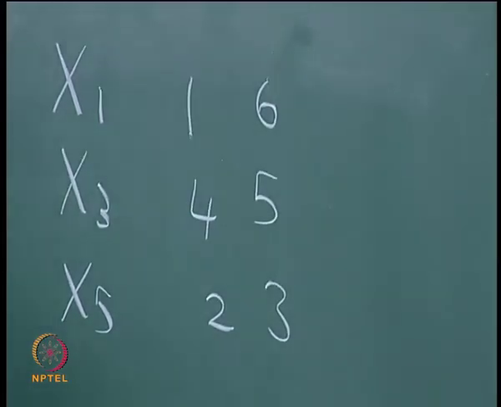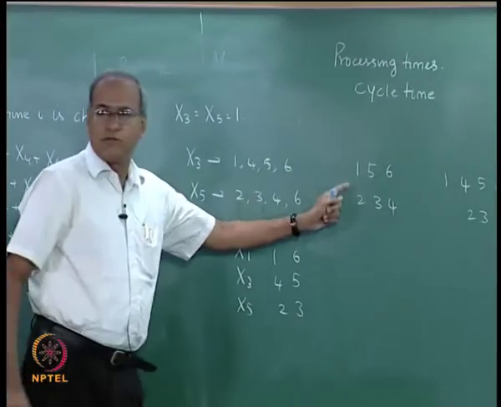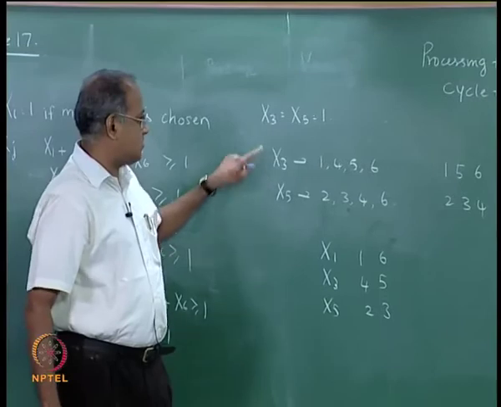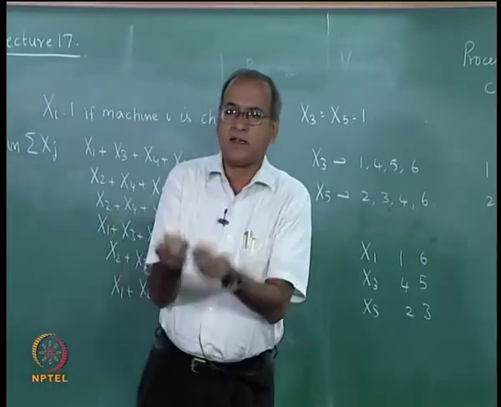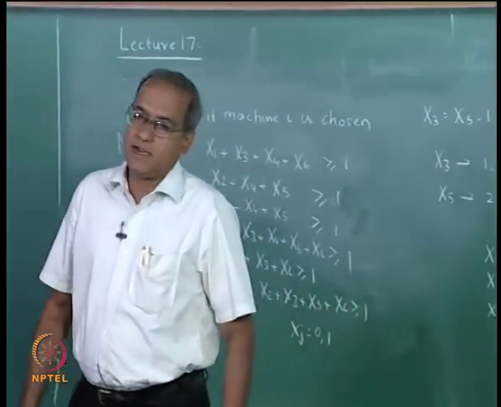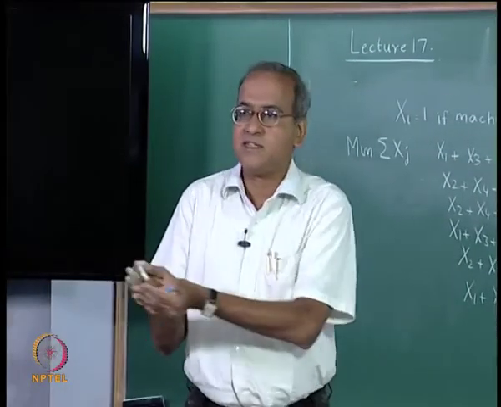Obviously, we won't be able to get a cycle time of 2 by choosing this. So, a required cycle time may at the end of the day increase the number of machines in the cell.